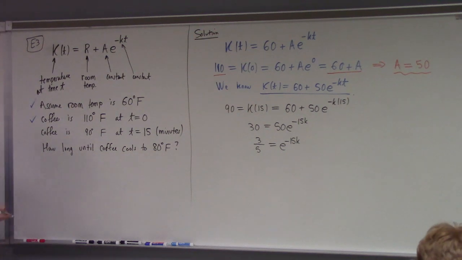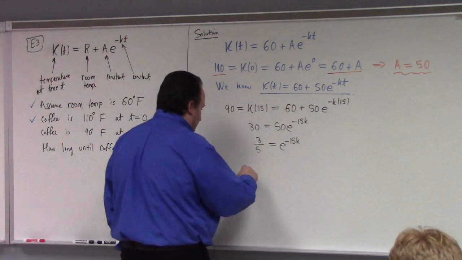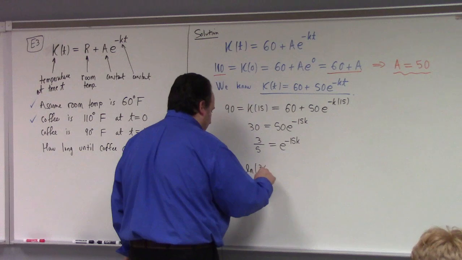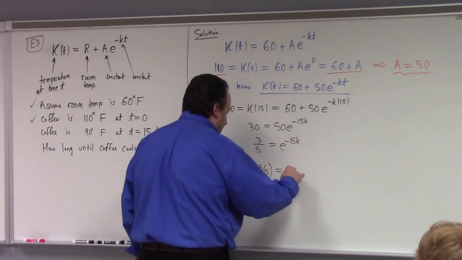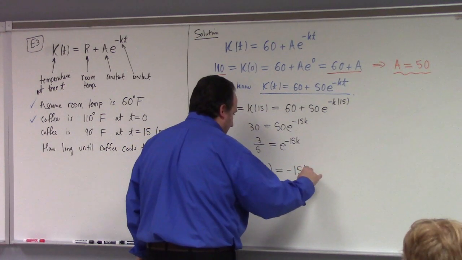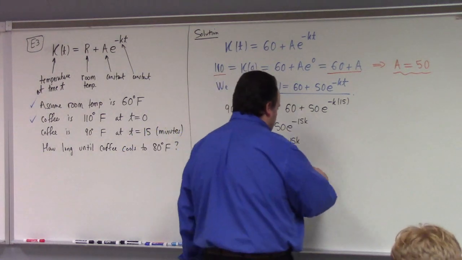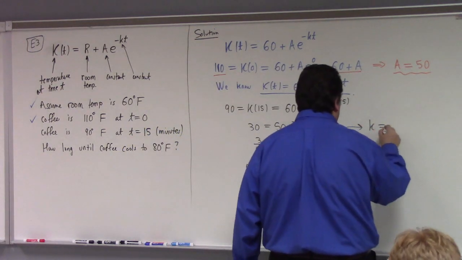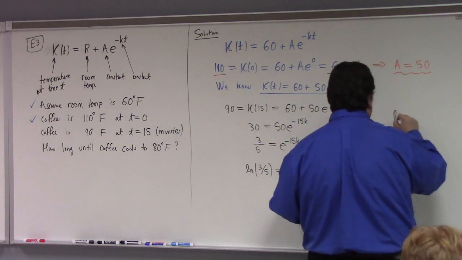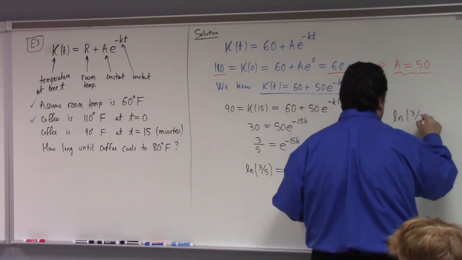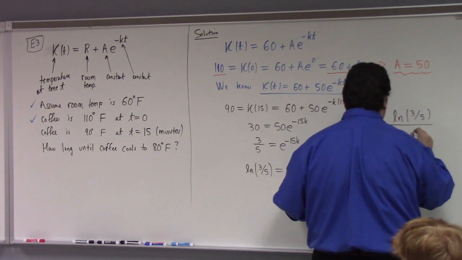And now take the natural log of this equation. We've got the natural log of 3 over 5 is equal to minus 15K. So lo and behold, we figured out that K is apparently equal to the natural log of 3/5 divided by minus 15.